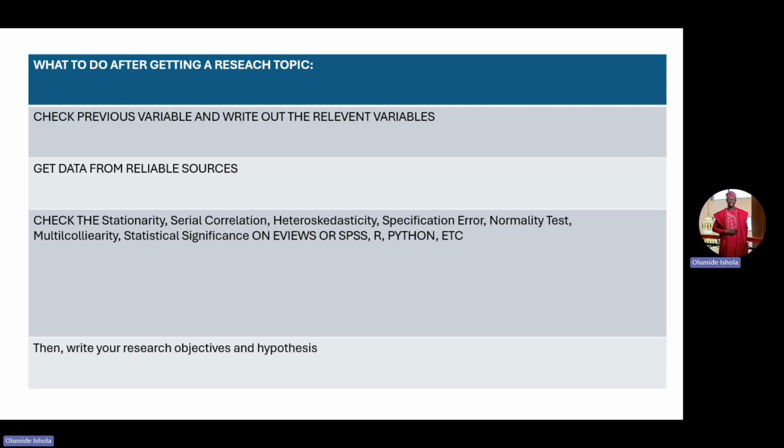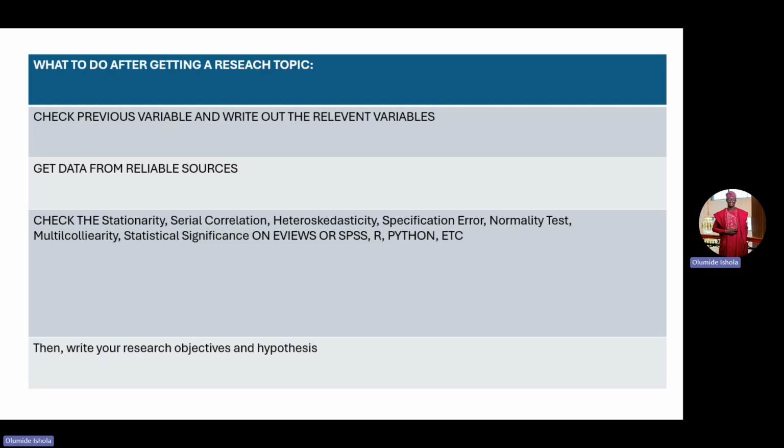You check your normality, pardon. You check the multicollinearity. And you look at the statistical significance of your independent variables. That means you are checking if they are actually properly explaining your dependent variable, your outcome variable.